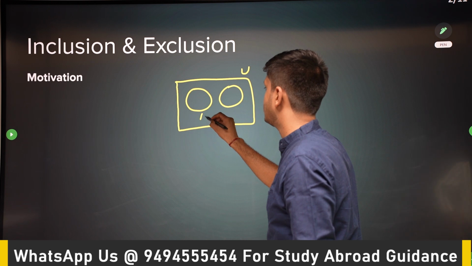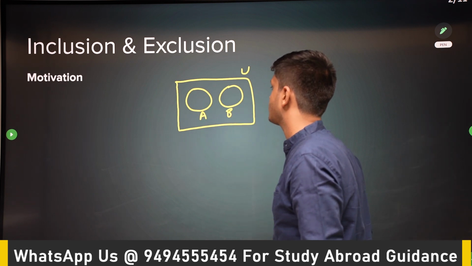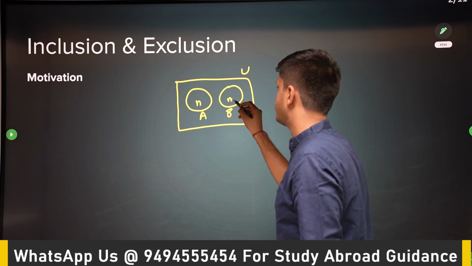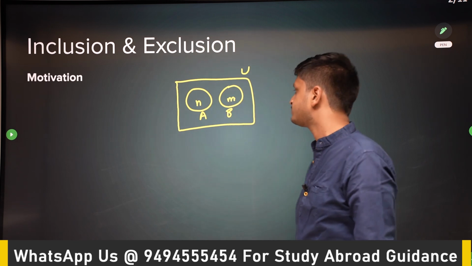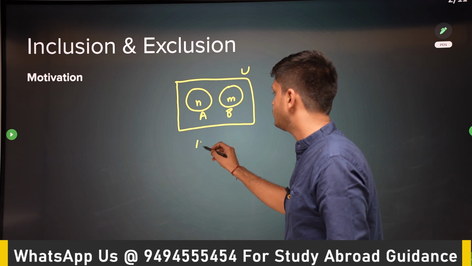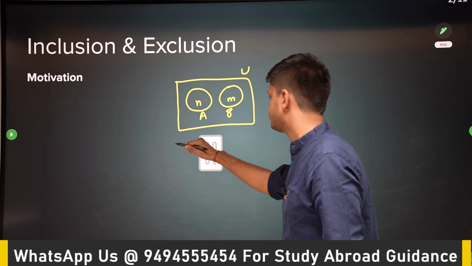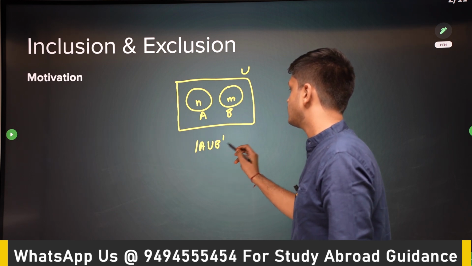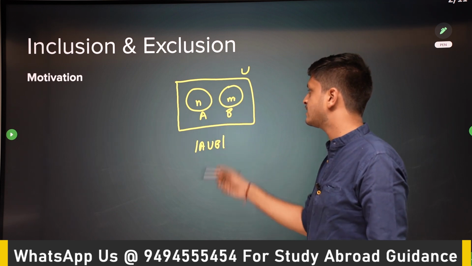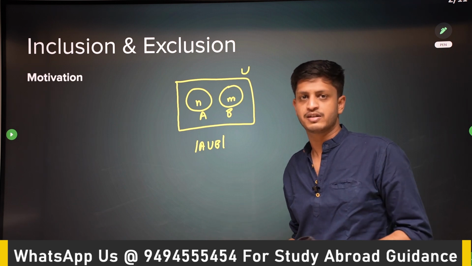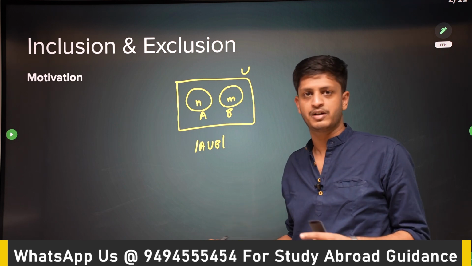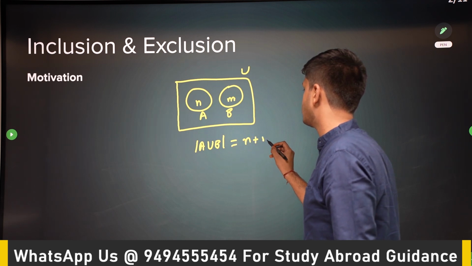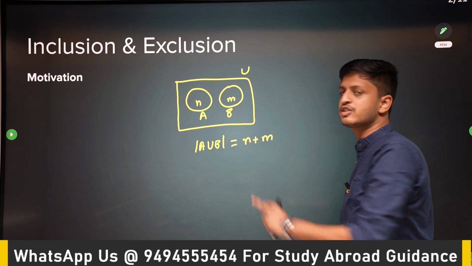Let's say this is my set A and this is my set B, and set A contains n elements and set B contains m elements. Then the union of these two sets is all the elements that are in A or B. So the cardinality of A union B here is n plus m, because A and B are disjoint.